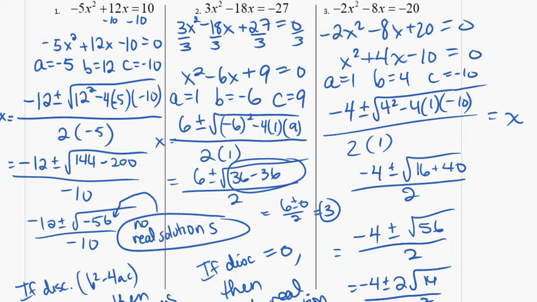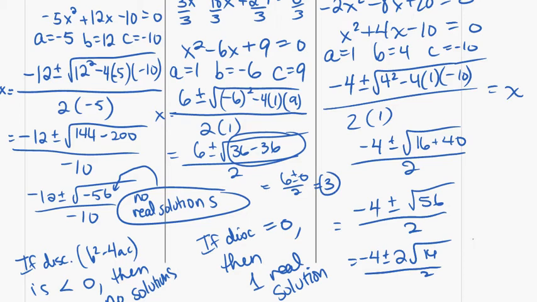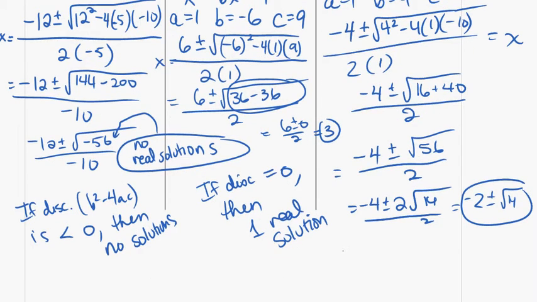So I can divide each term by 2 now and get minus 2 plus and minus the square root of 14. So you notice there are two solutions there. So if the discriminant is greater than 0, then two solutions.